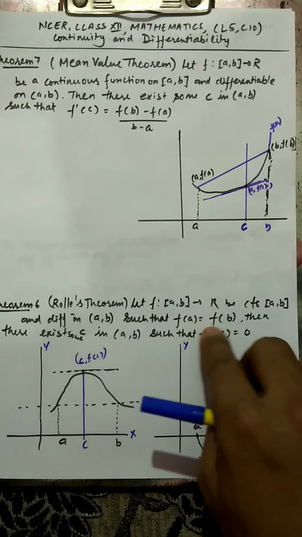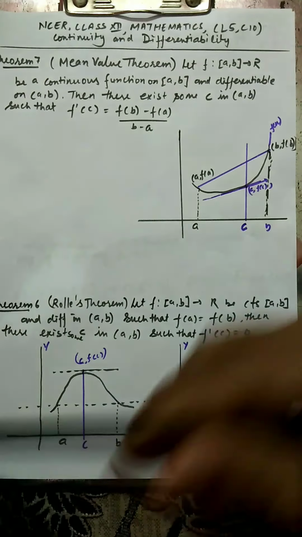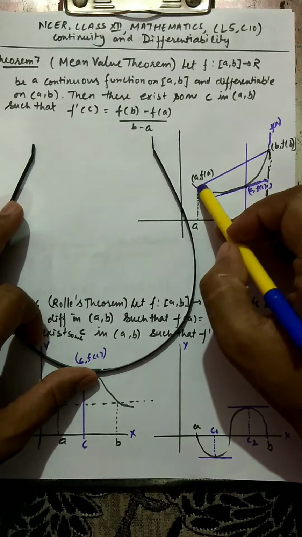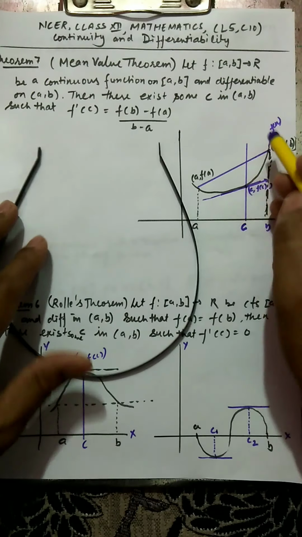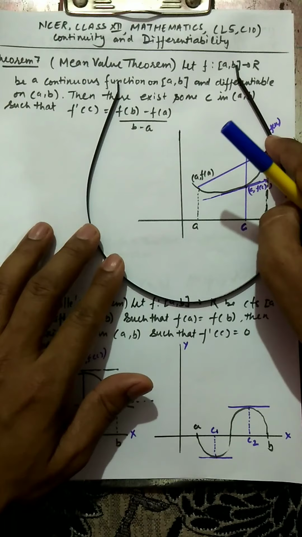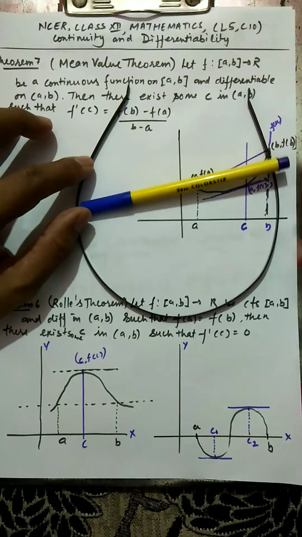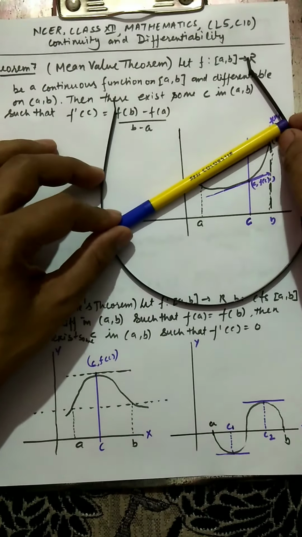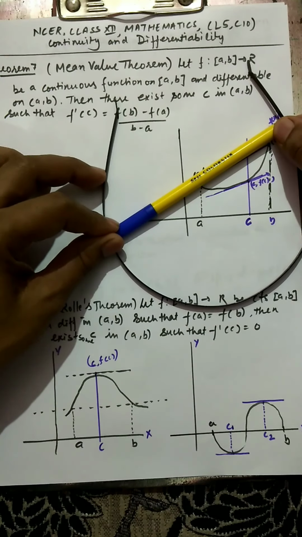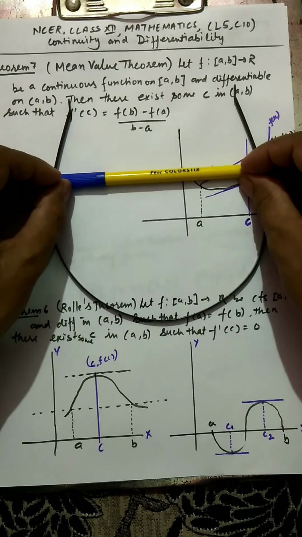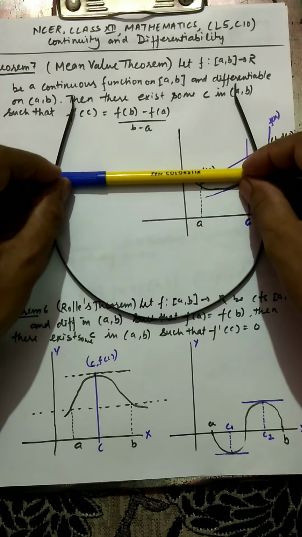So if both values are the same, tell me what will be the slope of this secant then. If this point f(b) and this f(a) come on the same line, unlike the mean value theorem case, and the curve becomes like a parabola opening upward, then the slope of the secant will be 0, because f(b) and f(a) are equal.